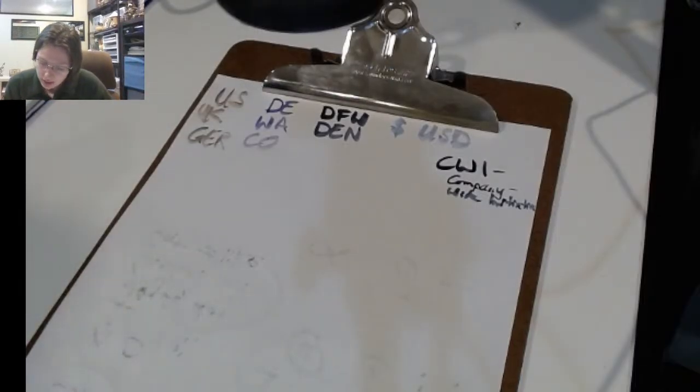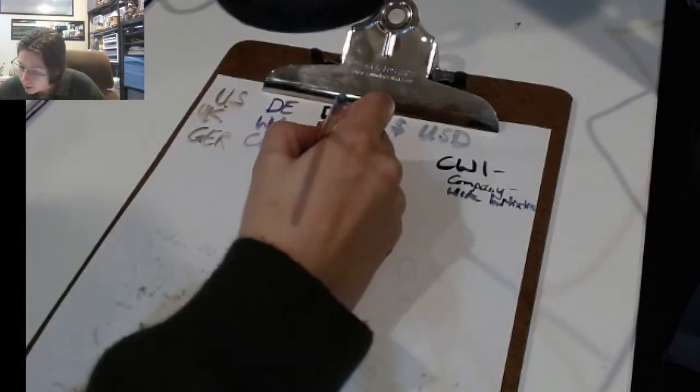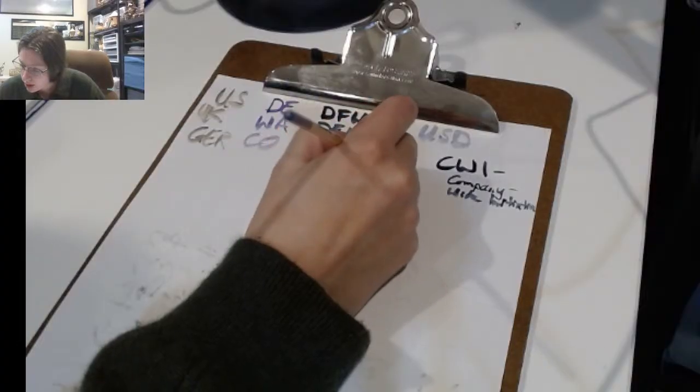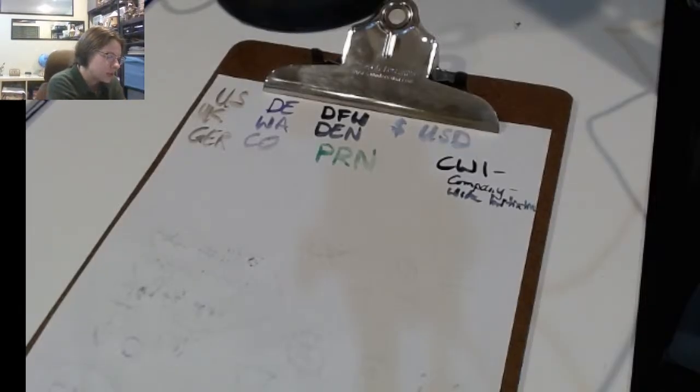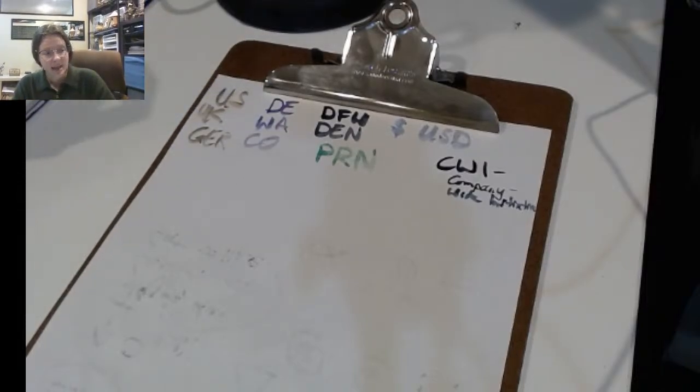So I worked as a pharmacy technician for a while, and one of the abbreviations I learned was PRN, which stands for as needed. Now that's one that I don't use all the time, but when I do need to write as needed, it's much easier to just write PRN.